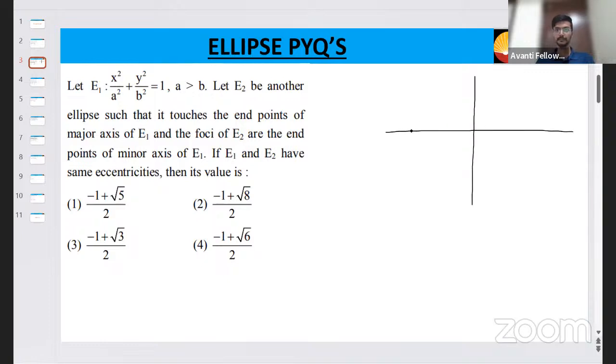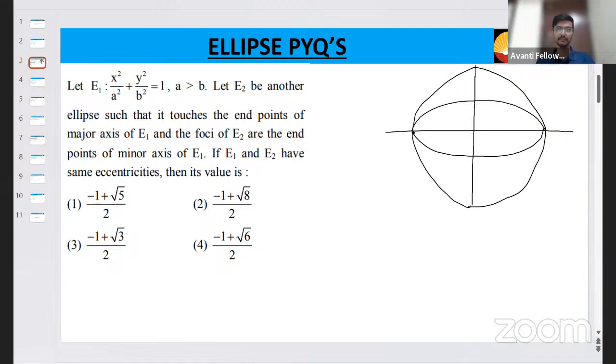This is the ellipse E1, correct? And it is saying that it touches the end points of major axis of E2. So the ellipse E2 will be like this, correct?